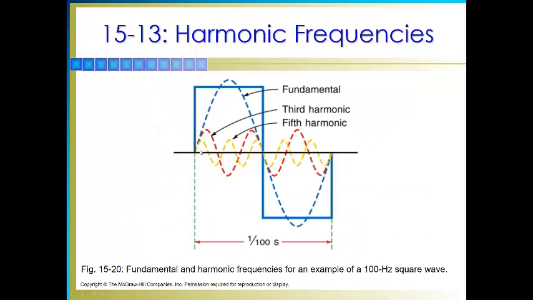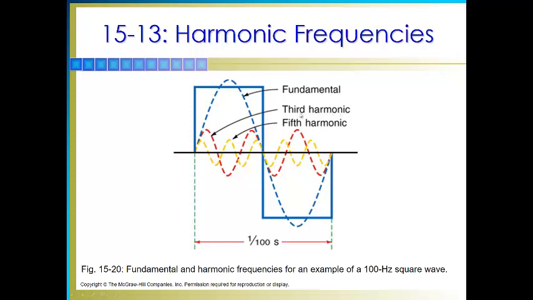Here's an example. The blue waveform is the fundamental waveform, in other words, the original waveform. The second one will be the one in red. This will be the third harmonic.